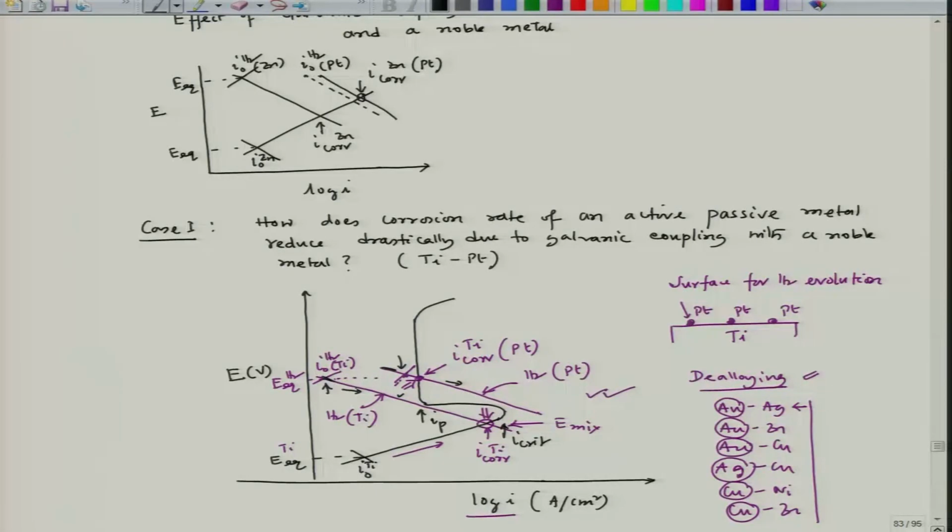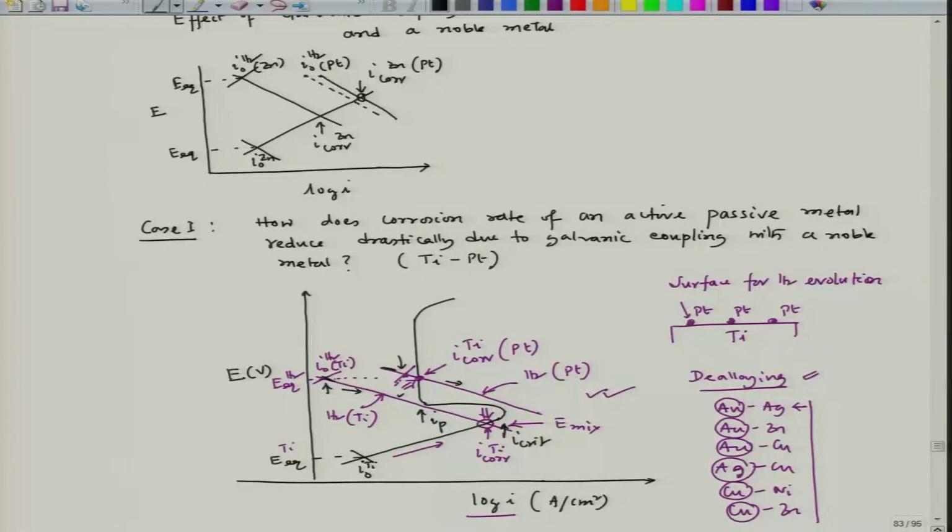That means the current density difference between these two lines would be very large, and if you take a log scale for the current densities, the addition of the hydrogen evolution reaction on the titanium surface would have a very minimal effect on the hydrogen evolution reaction on the platinum surface. So, that is why I have not added it, but you can also add it, and that addition will be very close to it. Actually, it will be almost merging on top of the existing cathodic line on the platinum surface.